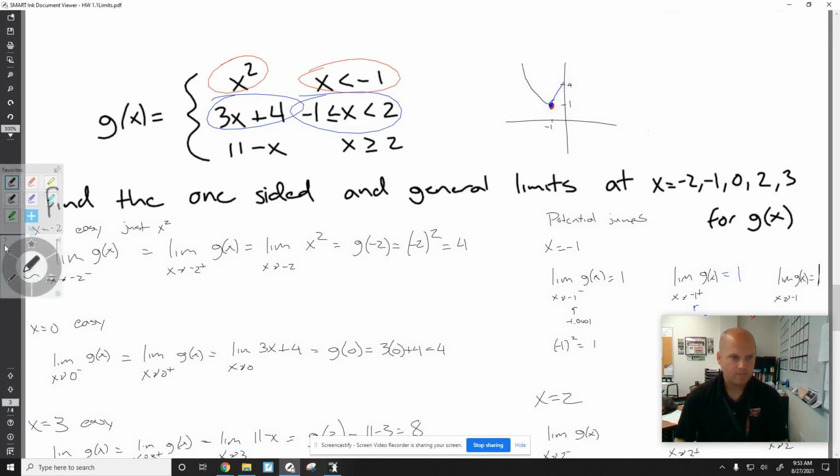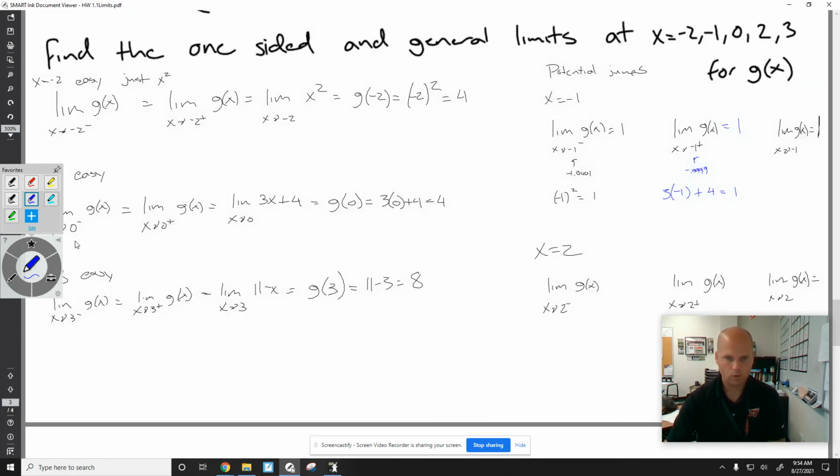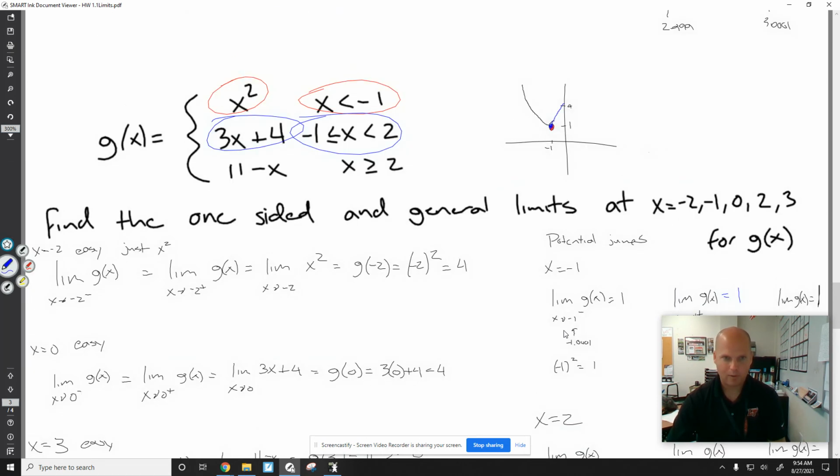2 from the left. I'm using this piece again because we're talking about using x's between -1 and 2. So if I were to plug in 1.999, I would plug it into this piece. Plugging in 1.999, plugging in 1.9999999 is essentially going to give us the y-coordinate that we will approach if we plugged in 2 into this piece.